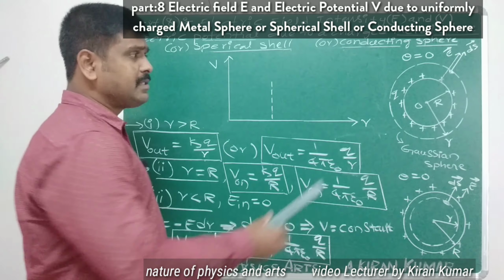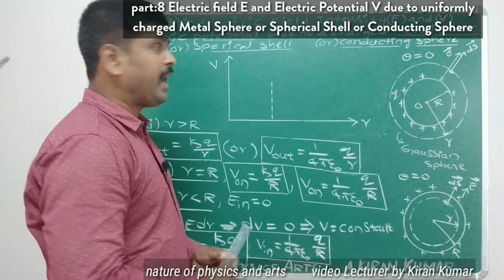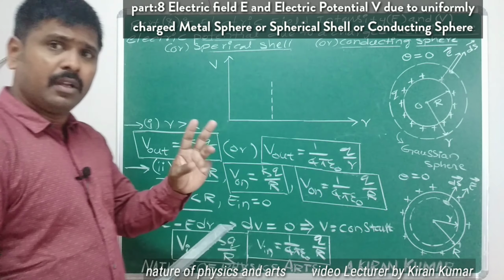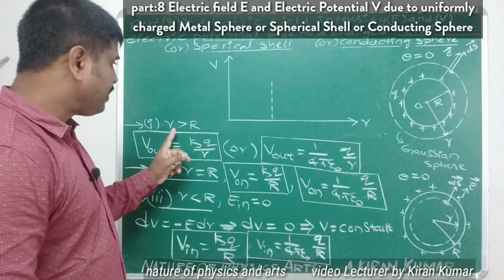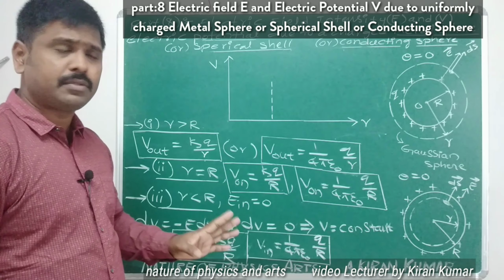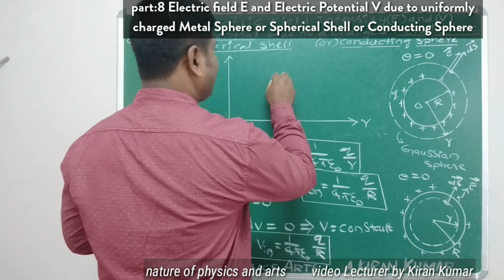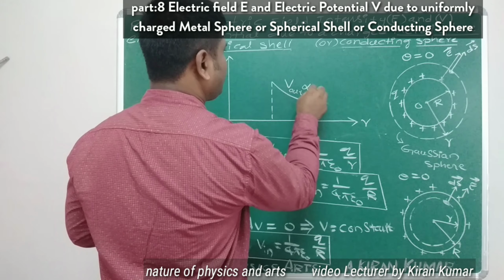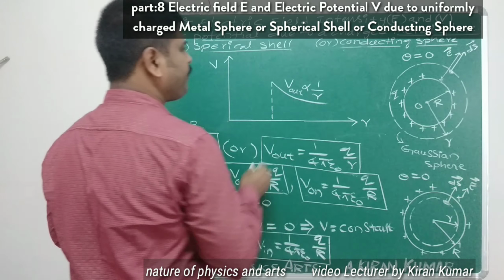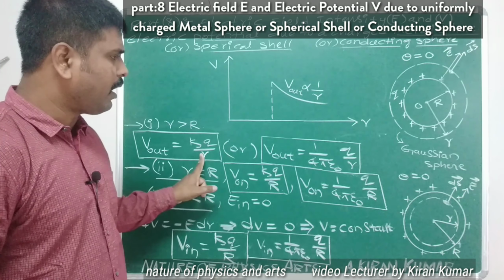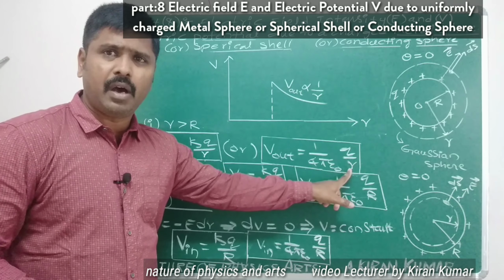Small r is the radius of the Gaussian sphere and V is the potential. So we got three conditions: electric potential outside, on the surface and inside. For the first one, the electric potential V_out is inversely proportional to r, that is a hyperbola.